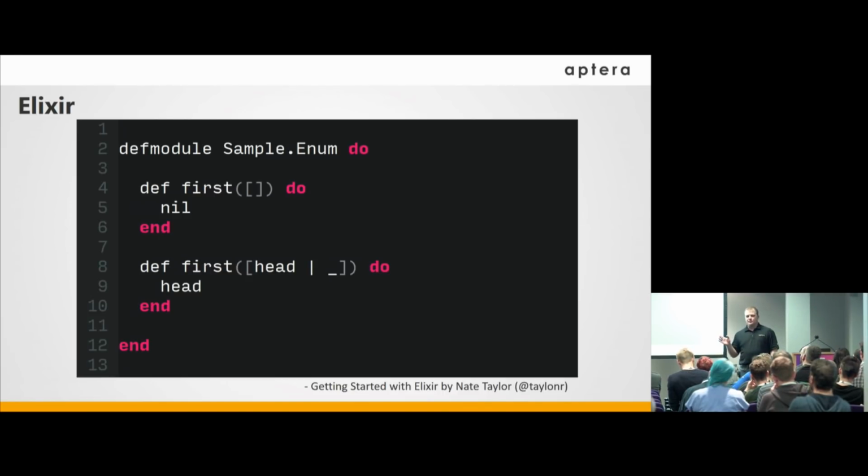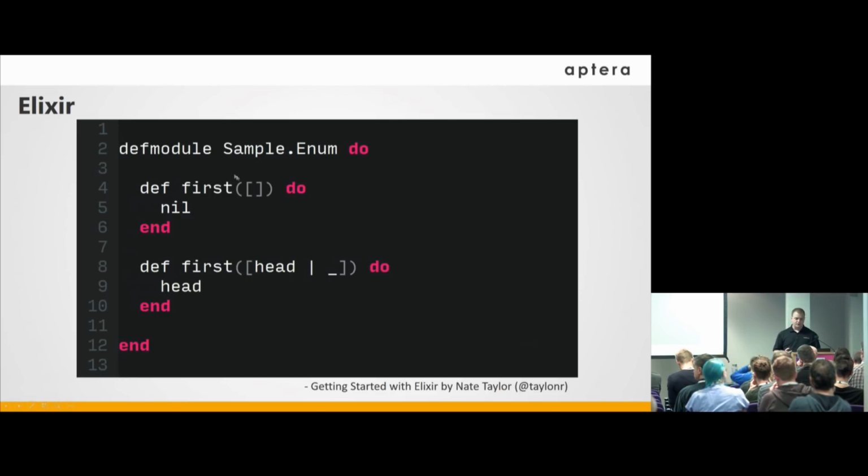But as a C# developer, when I look at this code, I think that those functions are overloaded. I have two functions named first that are in the same scope and they seem to do the same thing. But they're not really overloaded because they actually take the same number and types of parameters.